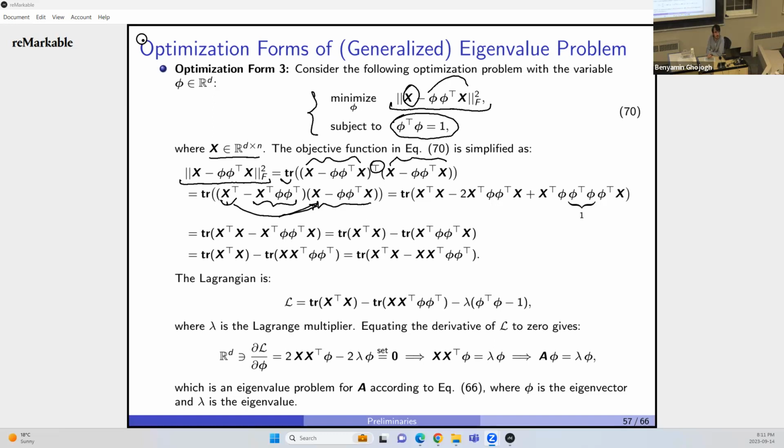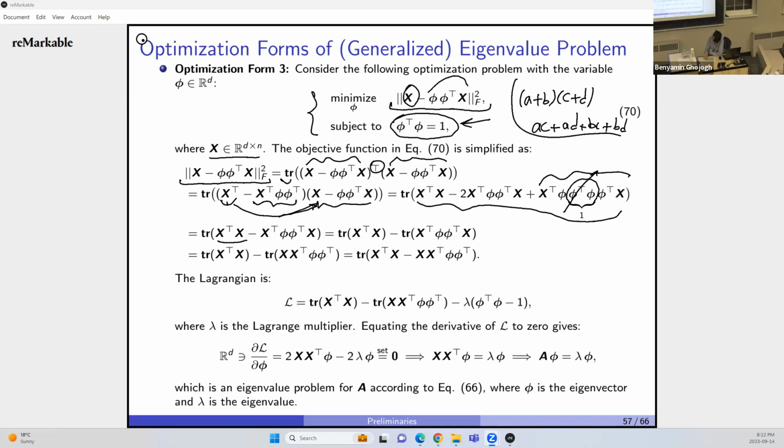So I'll have 4 terms. Do you agree? You understand what I'm saying? I mean simply this: (A plus B) times (C plus D) becomes AC plus AD plus BC plus BD. So here, therefore, I have 4 terms. Interestingly, phi transpose phi appears here, and in the constraint, we said it must be I. So this goes away. Then we'll have this.